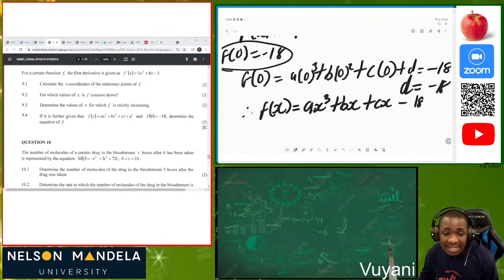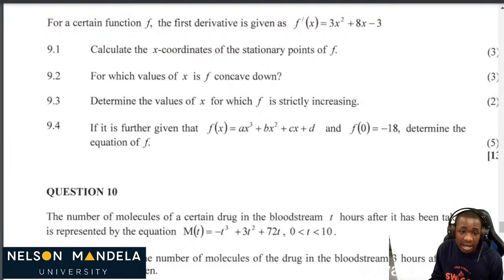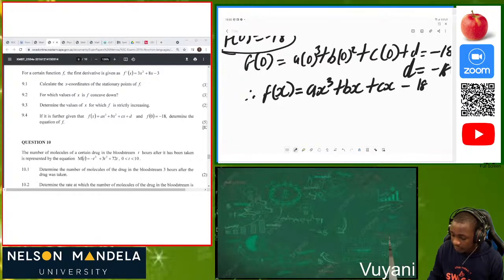Now let's determine the value of a. We know that initially we were given f prime of x, the first derivative, to be 3x squared plus 8x minus 3. So now let's determine the f prime of x of this.